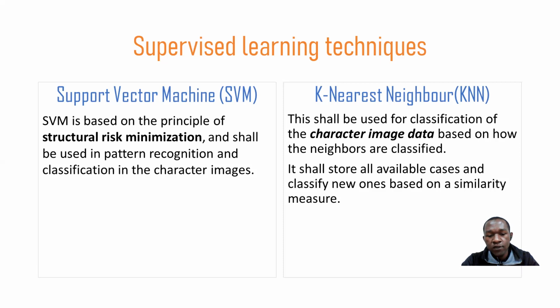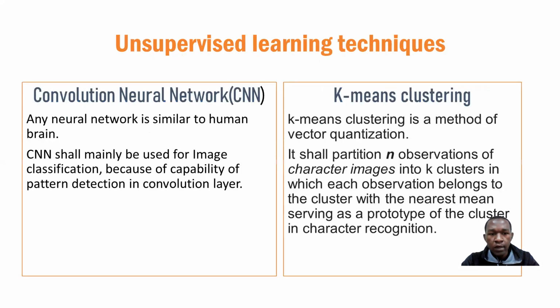This is self-explanatory. Now, coming to the unsupervised learning techniques, we shall have a convolution neural network. Just like neural networks, they try to mimic the neurons of the human brain. This convolution neural network belongs to the category of multi-layer neural networks, and this shall mainly be used for image classification because of its capability of pattern detection, basically the convolution layer of the convolution neural network.